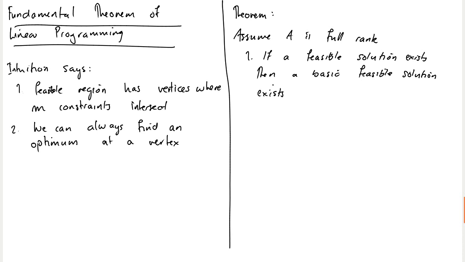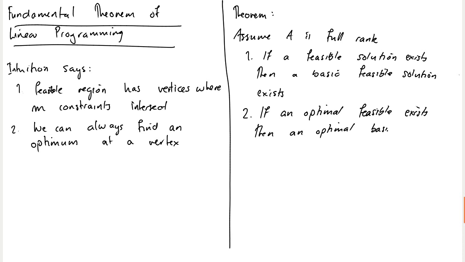So if we can find a point that satisfies our constraints, we can satisfy them in such a way that at most m of the variables are non-zero. And the second one: if an optimal feasible solution exists, so if our problem does actually have an optimum, then an optimal basic feasible solution exists.